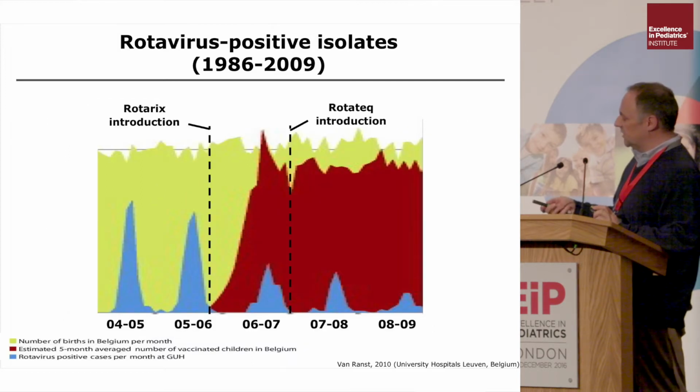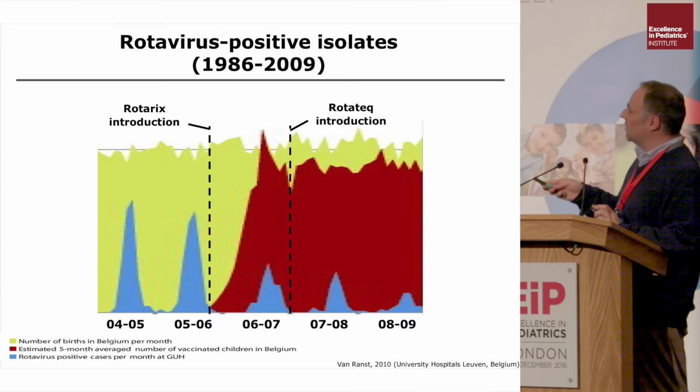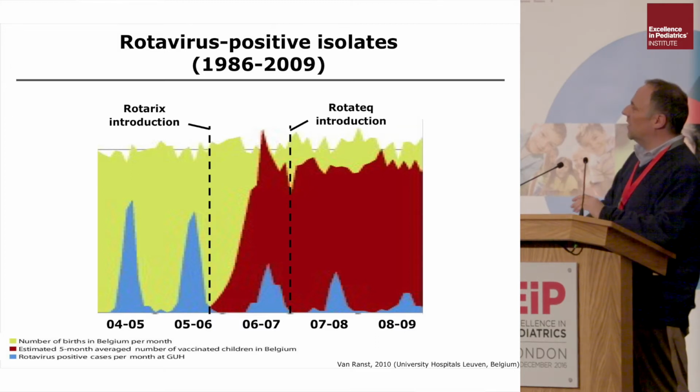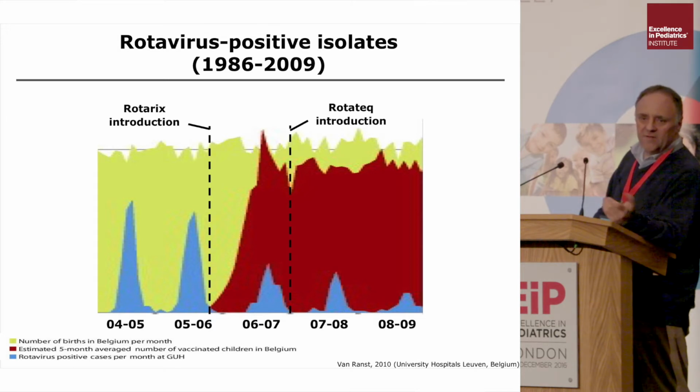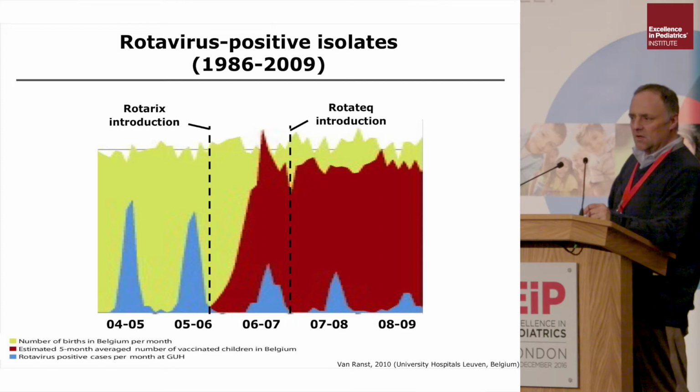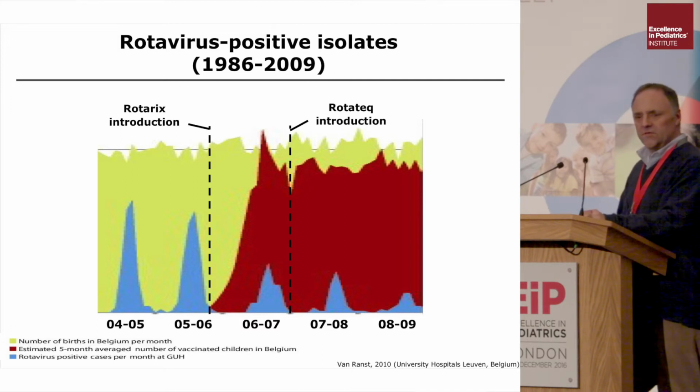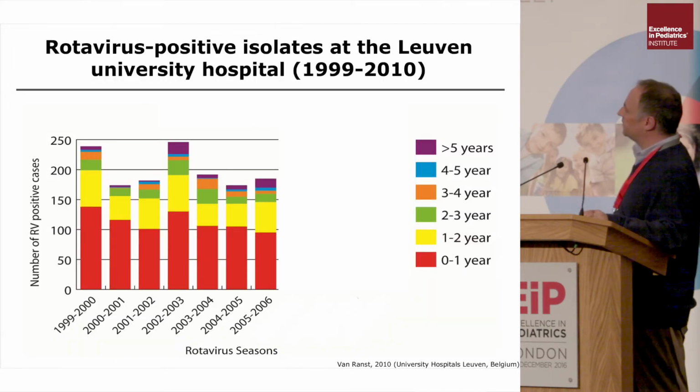It's interesting to see that the uptake of the vaccine was very rapid in 2006, and we have about 85-90% of the children that are since then vaccinated against rotaviruses, with about 85% ROTARIX, 15% ROTATEQ.